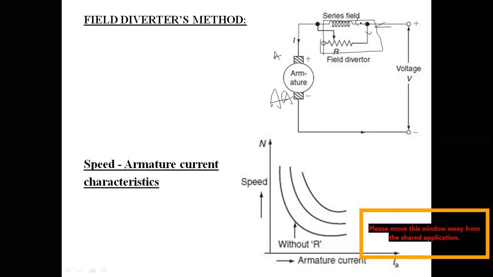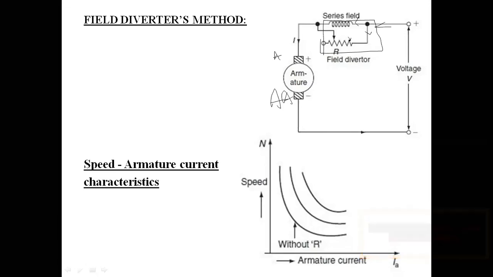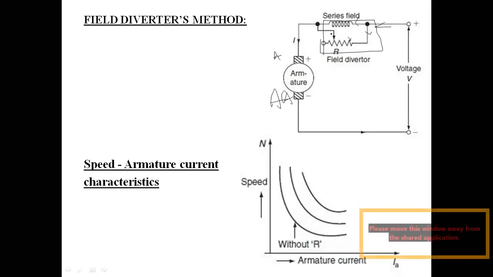So some amount of current, not the total supply current, is going to flow through the series field. By varying this variac, if it is at the minimum position, then what will happen? A maximum amount of current is going to flow through the armature.